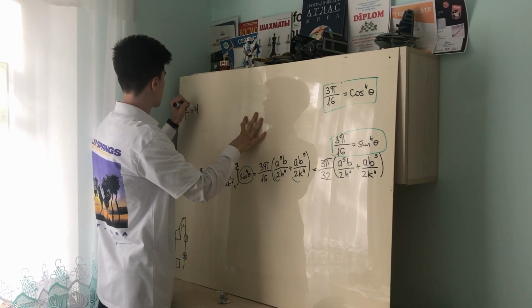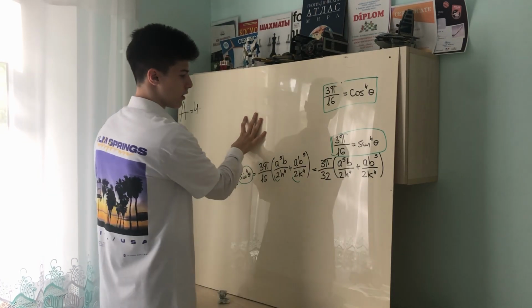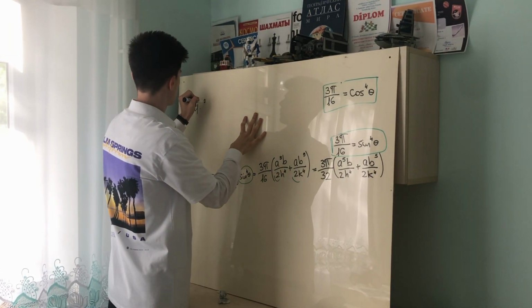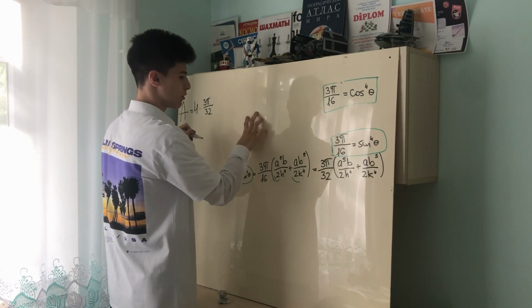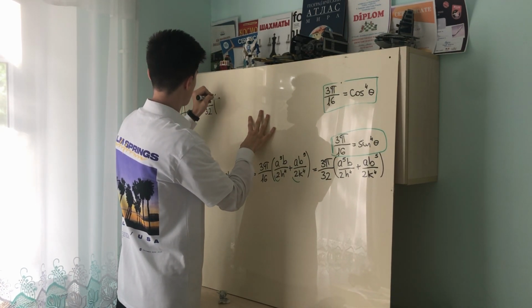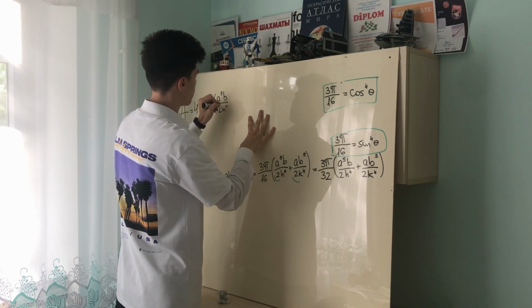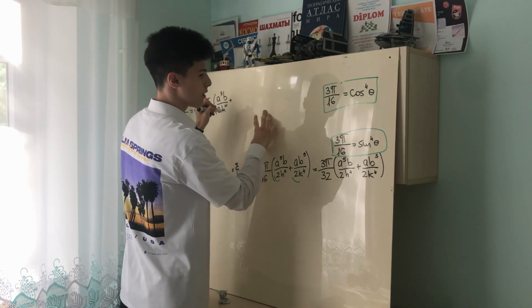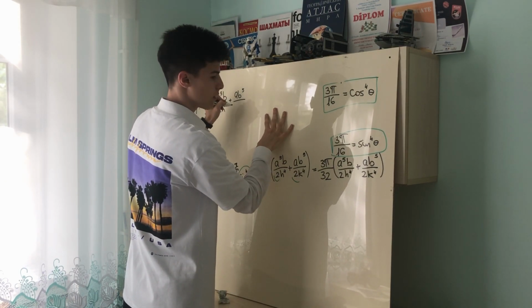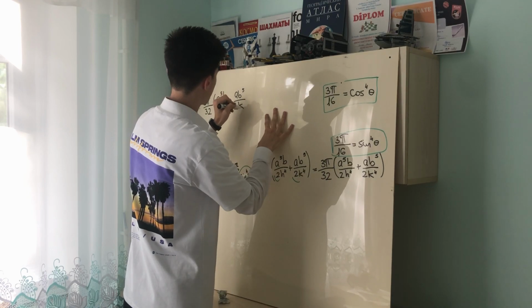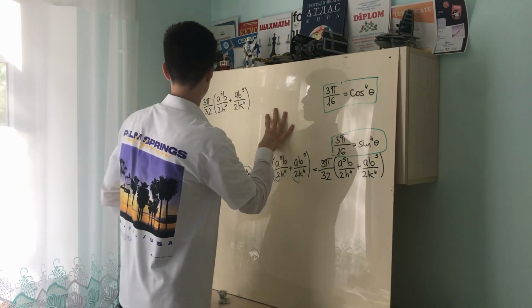So 4 times 3 pi over 32 times a to the 5 b over 2h to the 4 plus a b to the 5 over 2k to the 4.